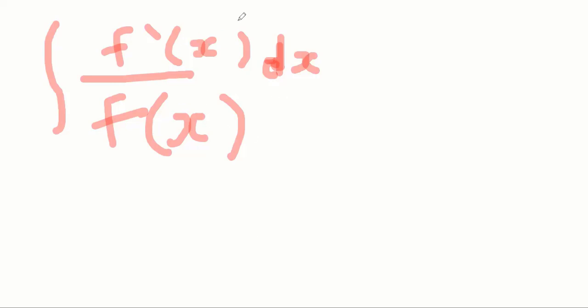So a very, very simple example of this kind of integration is the integration of tan x dx, integration of tan x with respect to x. How we'll do it is very simple. First we will substitute tan x as sin x by cos x, because we already know tan means sin by cos.